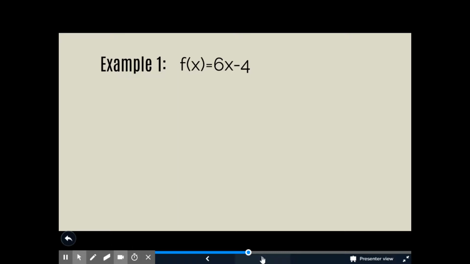As we said earlier, f of x turns into y, and then you switch them. And then solve for y. So you would subtract 4 from each side, and then divide by 6. So you'd get y equals x minus 4 all over 6.